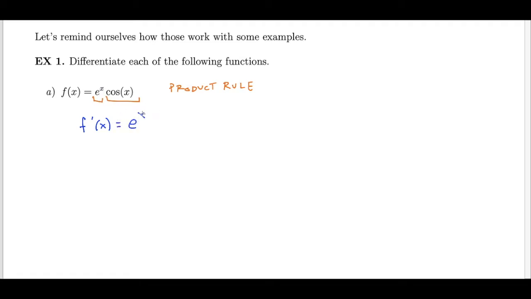Here I'll leave e to the x undifferentiated, and then I'll multiply by the derivative of the second function. In this case, the derivative of cosine is negative sine of x. And then I reverse the roles. Next, I'll leave the second function alone, undifferentiated. That's just cos of x. And here, I have to take the derivative of e to the x.